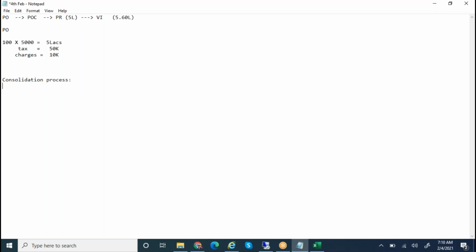Actually this topic will be covered after 2-3 weeks, but I'm starting now because the system is not available. What is this consolidation process? This is one of the advanced finance topics.